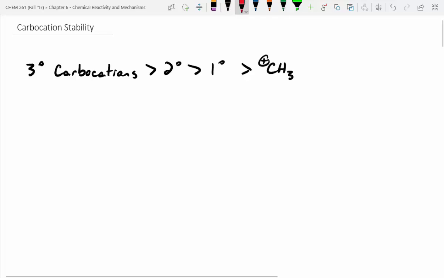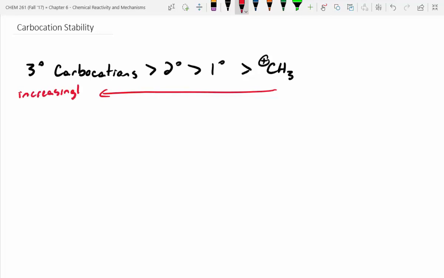Right, so increasing stability. In fact, the methyl carbocation you almost never observe in organic chemistry because it's super duper unstable.